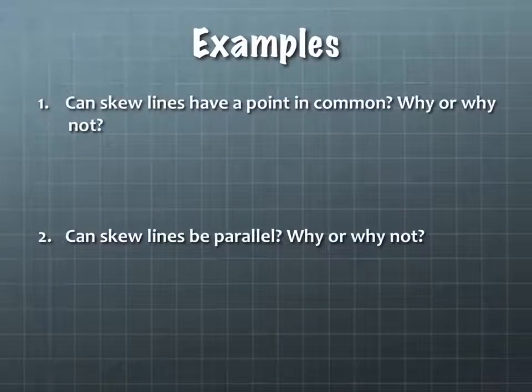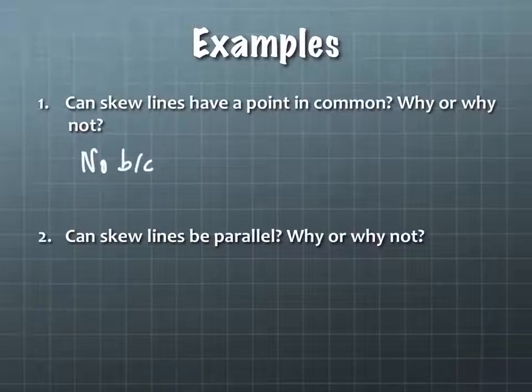All right, we desperately need an example because I've just given you tons and tons of language, right? All right, so let's talk about a couple of these. Can skew lines have a point in common? Why or why not? You said no. Because they don't intersect, so they can't have a point.